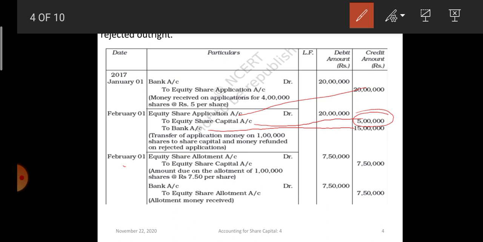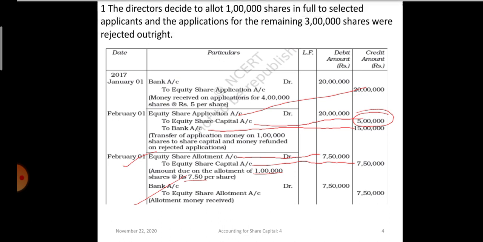On Feb 1st, the directors have decided to call the allotment money. So on 1 lakh shares at the rate of 7 rupees 50 paisa, it's 7 lakh 50,000 rupees. The amount is also received, bank account debit to equity share allotment.